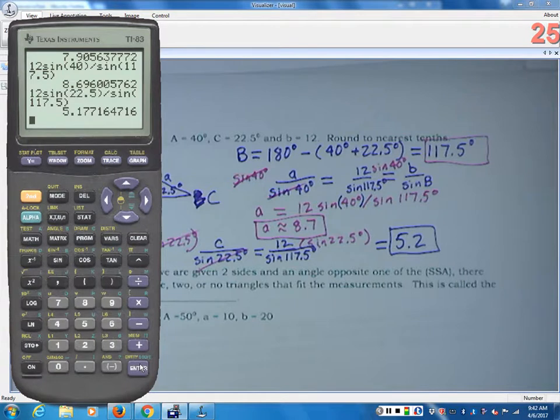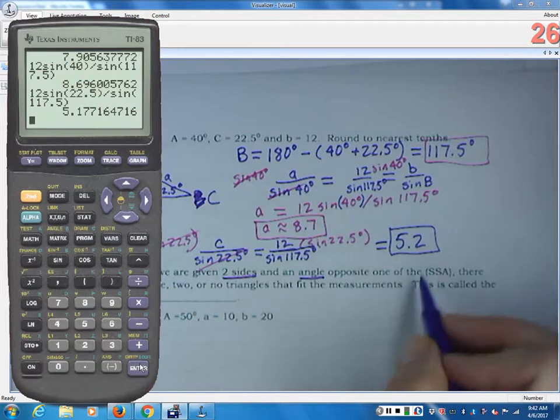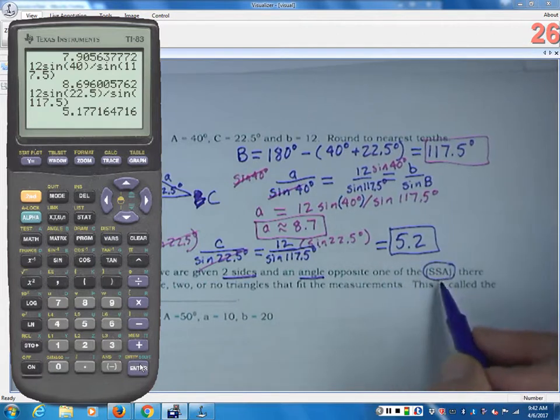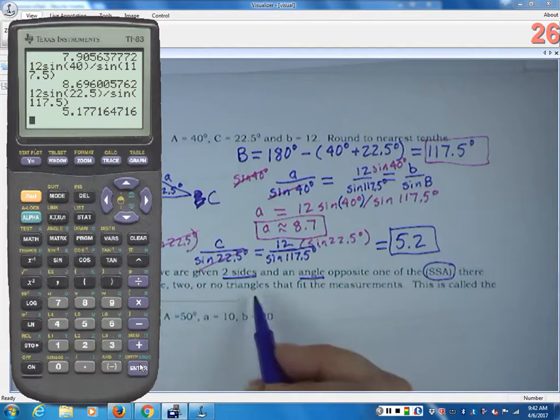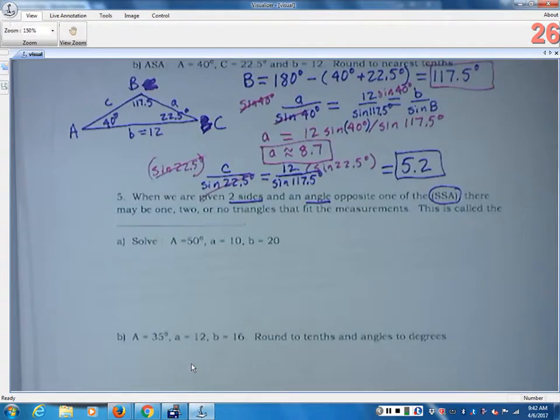When we are given two sides and one angle opposite one of the sides, that's the side-side-angle case. There may be one, two, or no triangles that fit the measurements. Let's get rid of the calculator. This is called the ambiguous case.